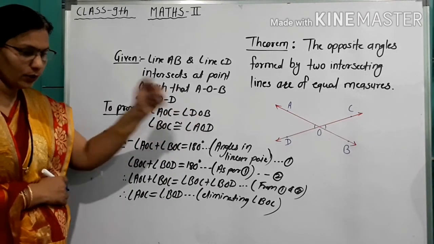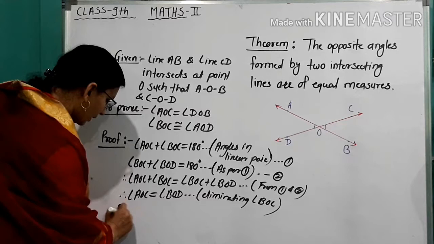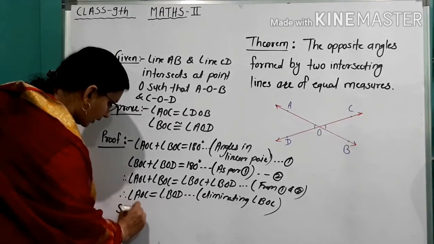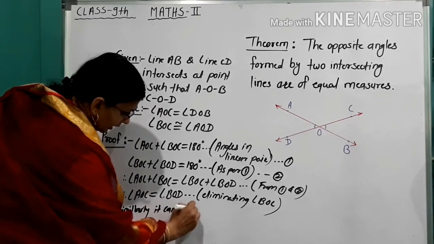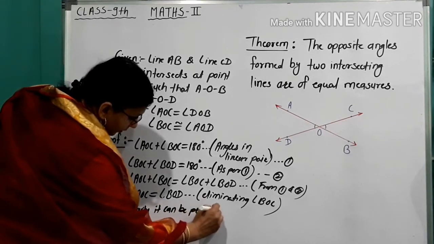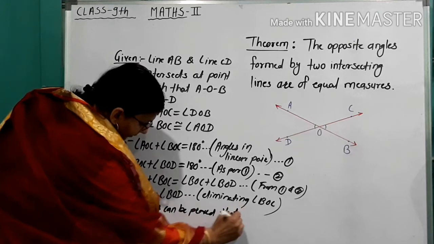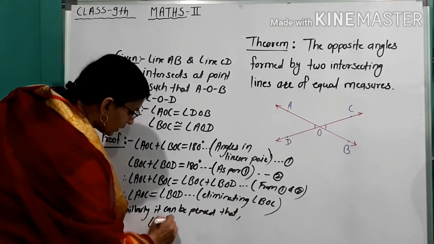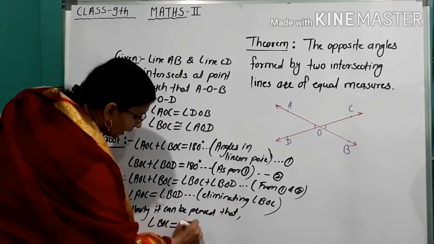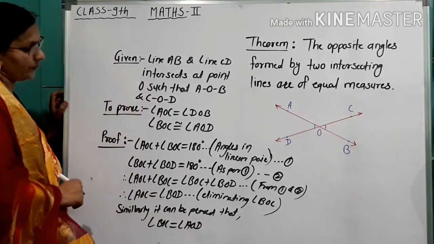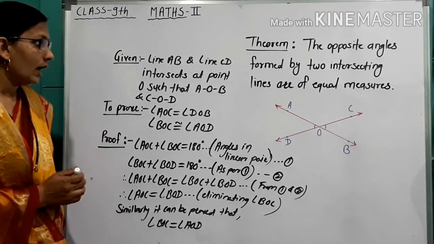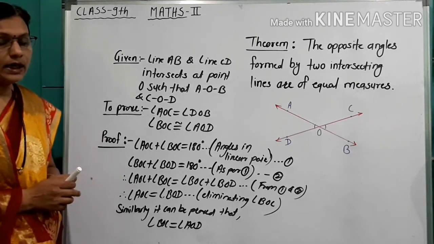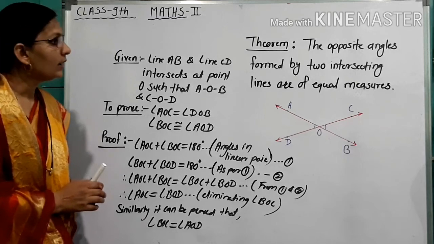BOD means angle DOB. Similarly, it can be proved that angle BOC equals angle AOD. Hence, we prove the opposite angles formed by two intersecting lines are of equal measures.